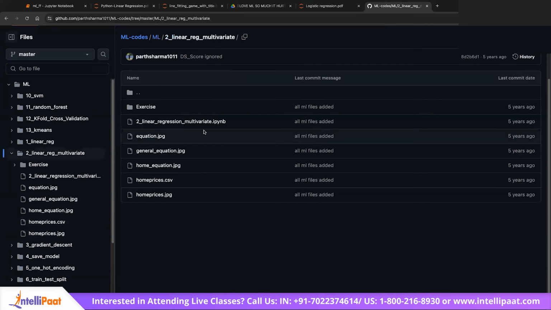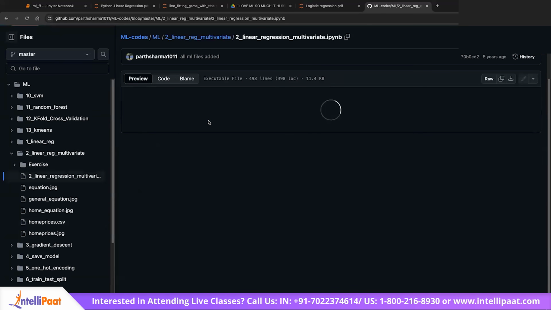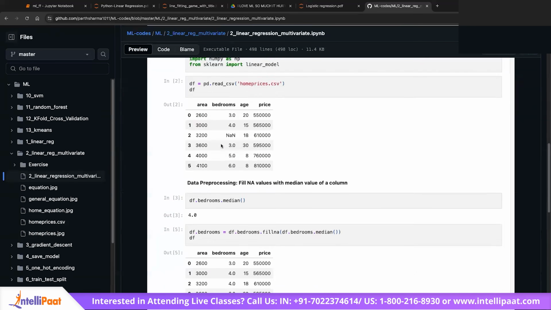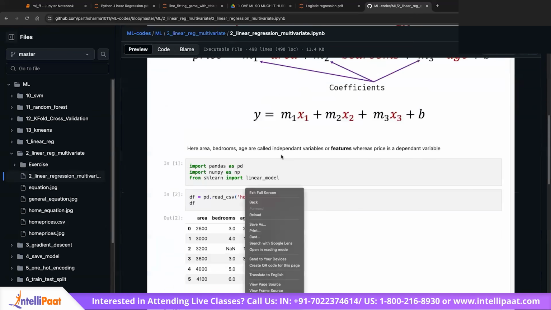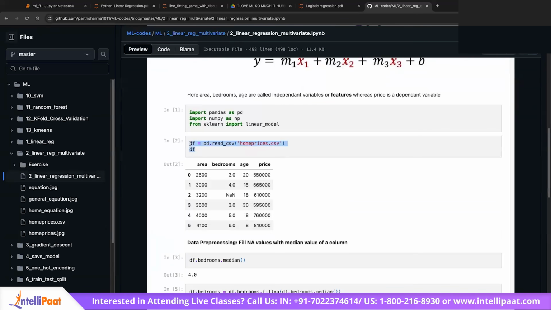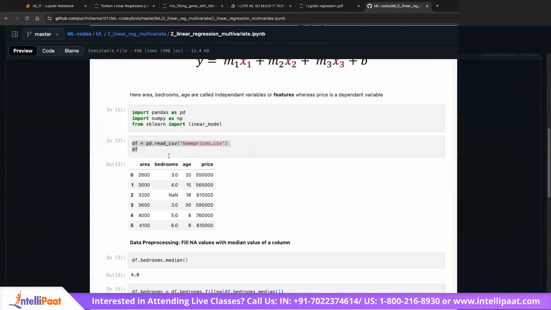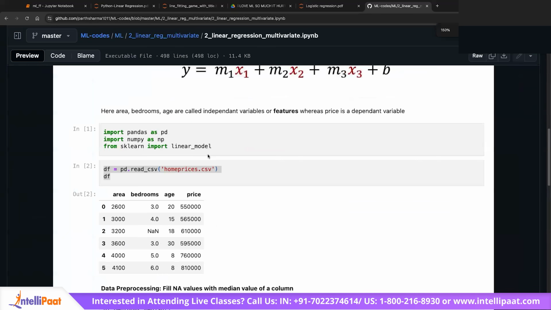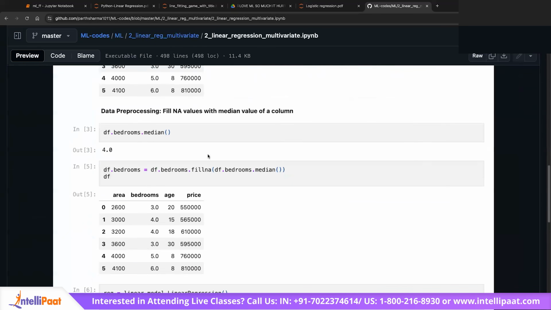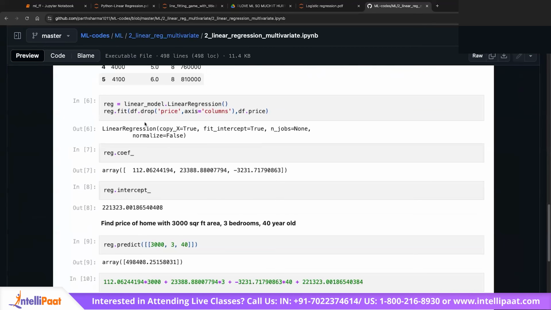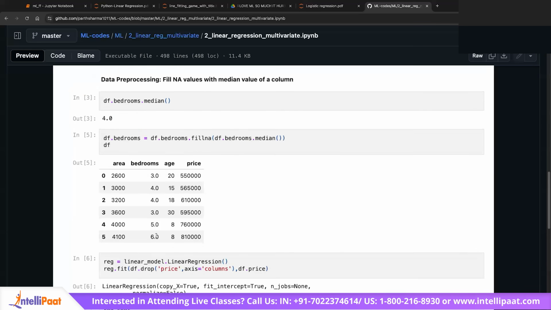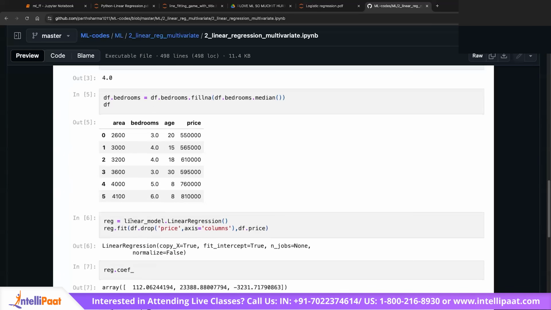If you go to my code, look at what I did. Just have a look at this data. Is this the bedroom? Do we have this equation? Listen to me carefully. Do I load the data? df is equal to pd.read_csv. Yes or no? I'm going to zoom in. Then I have linear regression, regression.fit. Can you see?